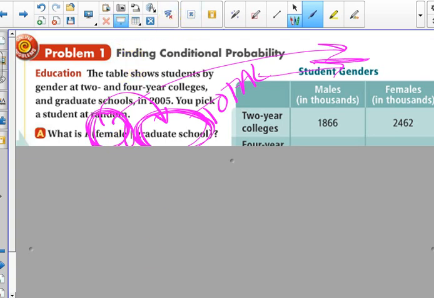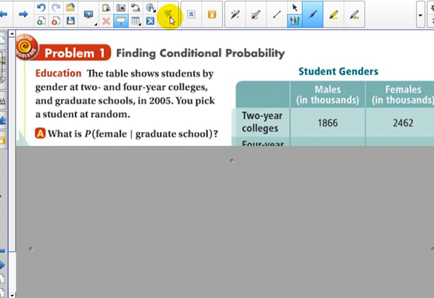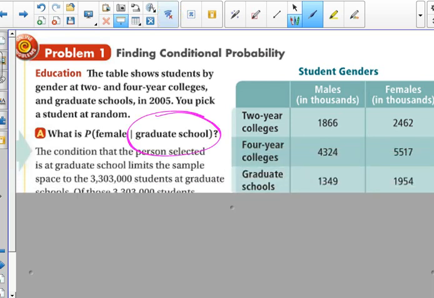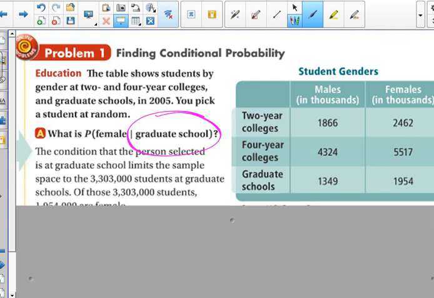Okay. Sorry. All right, so what we want to do is we're looking for all the graduates. So how many graduates are here in the graduate school? So here's our graduate schools column right there. These are in thousands. So we have 1,349,000 and 1,954,000.